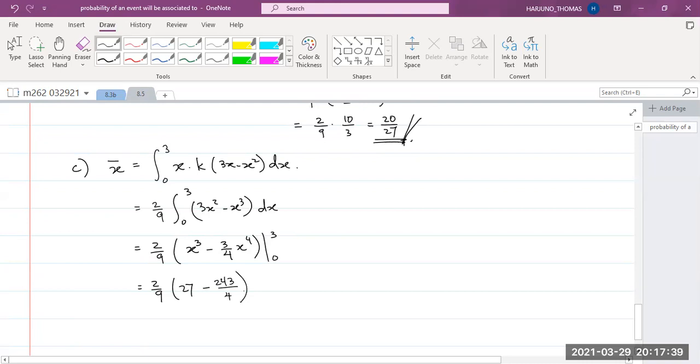Hold on, something is not right here. The average cannot be negative. It's 1/4. Why 3/4? Who wrote that 3 here?